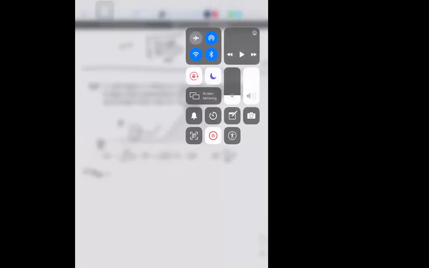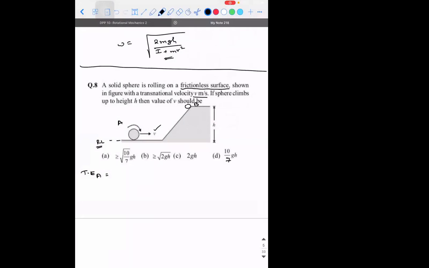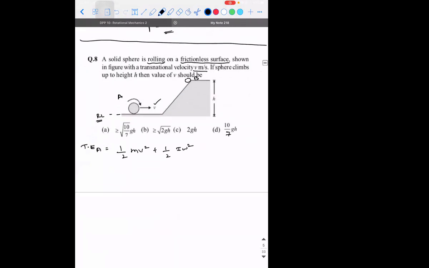Half mv square. Is that all? Plus half I omega square. Then it has rotational also, no? Half mv square plus half I omega square. Next, what is the total energy at B?